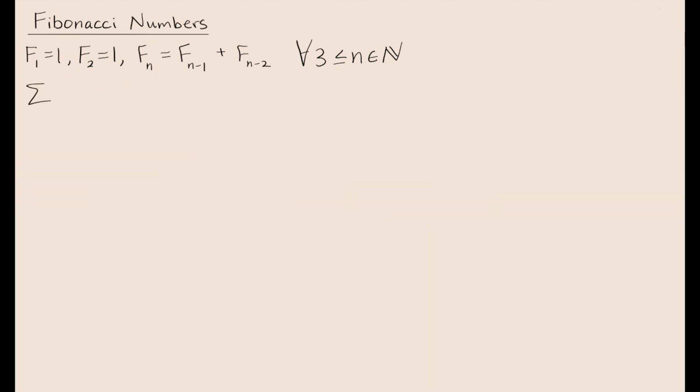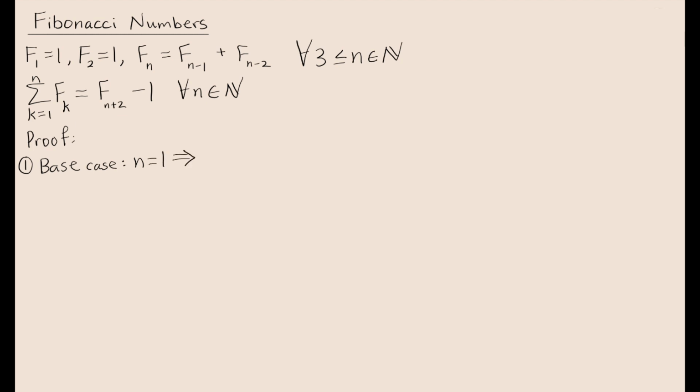Next, the sum from k = 1 to n of f_k is equal to f_{n+2} minus 1 for all natural numbers n. Proof. The base case is when n equals 1.